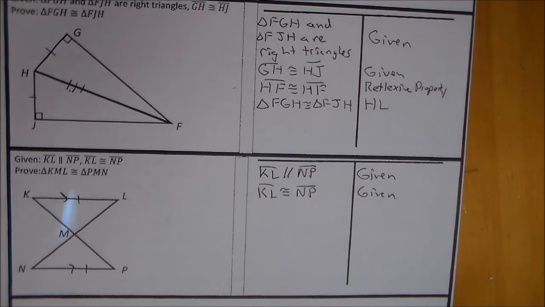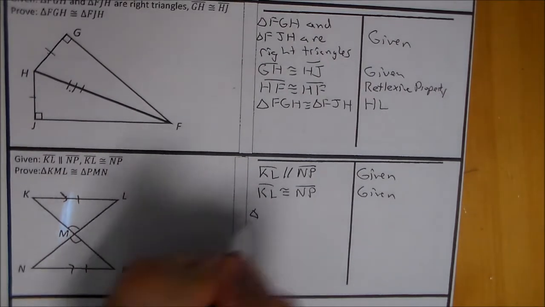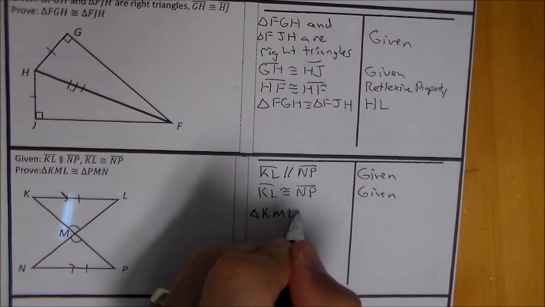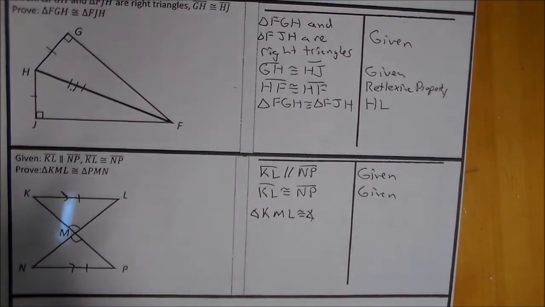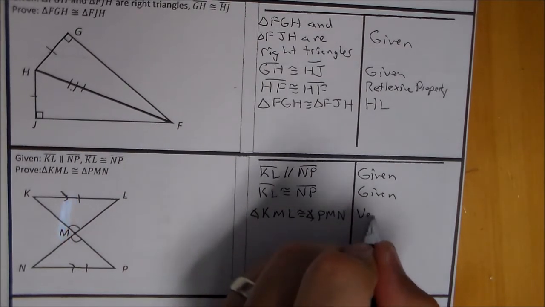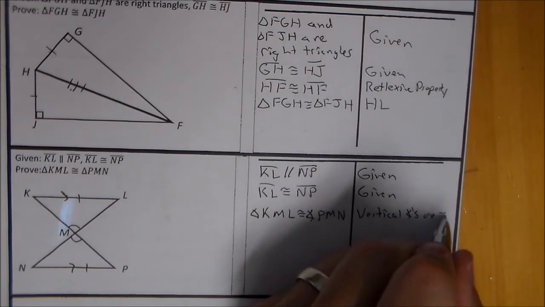This one, there's two different routes we could go. There's all three angle pairs are going to match in this problem. So maybe we start with vertical angles and we say that angle KML is congruent to angle PMN. And that's by vertical angles are congruent.